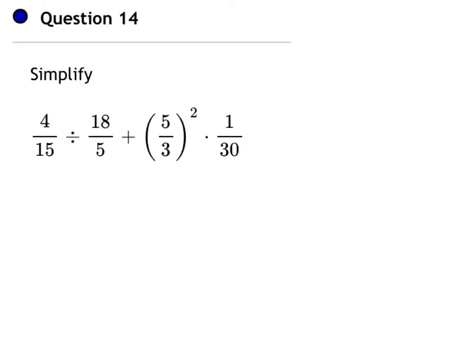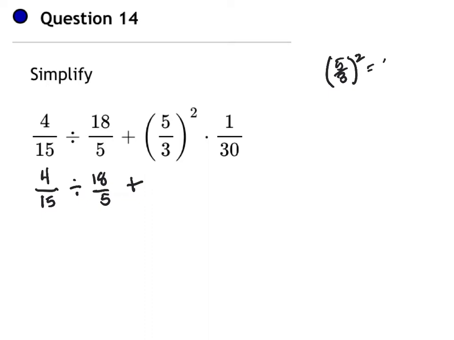Order of operations. Parentheses, well, there's just one thing in the parentheses, 5 over 3, so nothing to do there. But exponents are next, and that is an exponent. So I'm going to have 4 over 15 divided by 18 over 5 plus, now this is 5 over 3 squared, 5/3 squared.